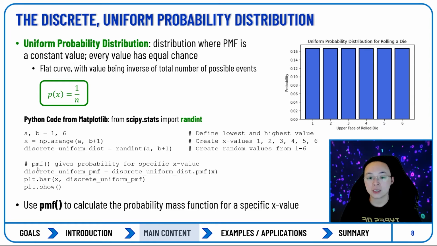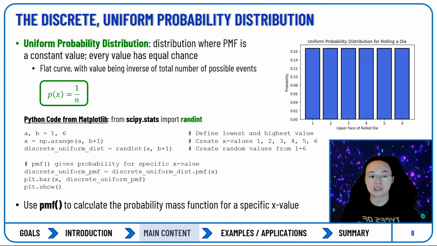Then I'm going to create a variable, and for each of these values, I'm going to calculate the probability of those values. So I have the discrete uniform distribution for this one. I use the PMF function of x for each of these. And so the probability of getting 1 is this, the probability of getting 2 is this, so on and so forth. And then I can plot the bar graph and then show it after.